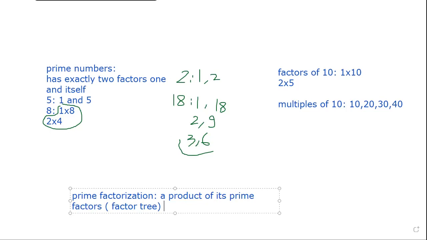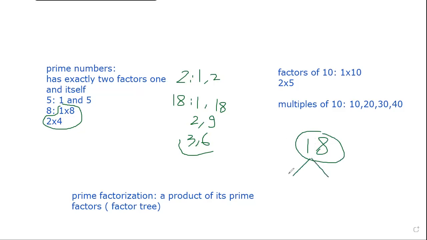Let me go back to this number 18. Now, if the question is, is 18 prime or composite? Of course, it's composite. It's not prime because a prime number has only 2 factors. Now, if it's composite, we can find the prime factorization using a factor tree.